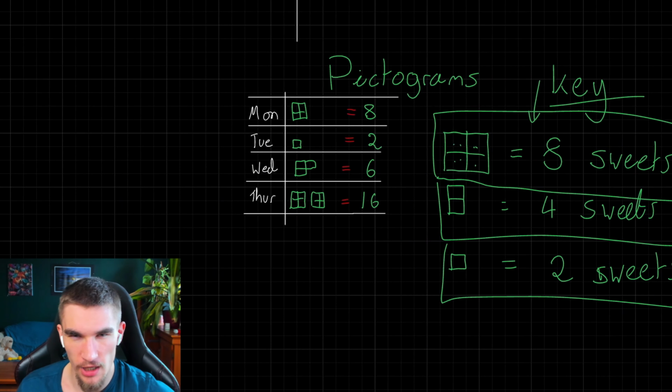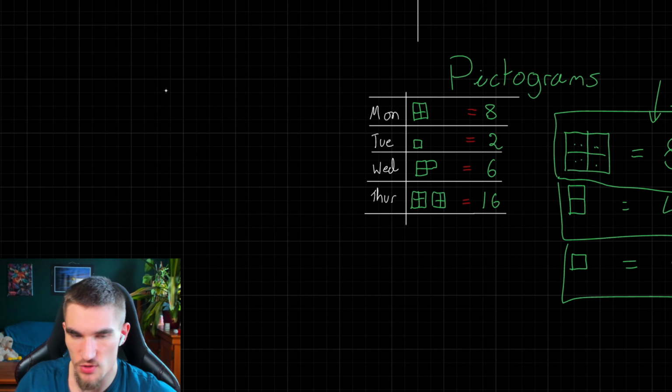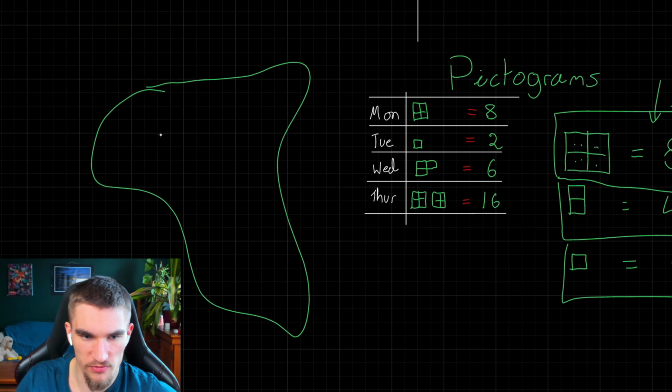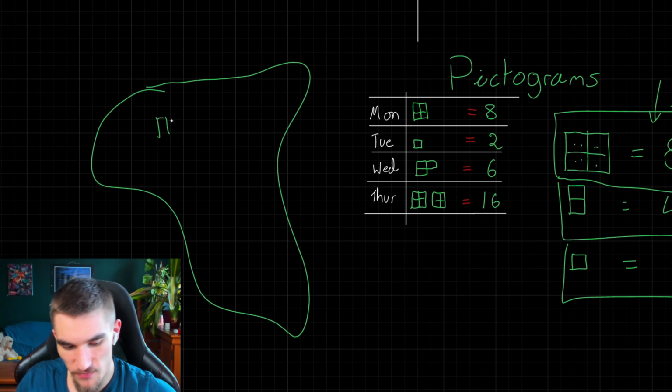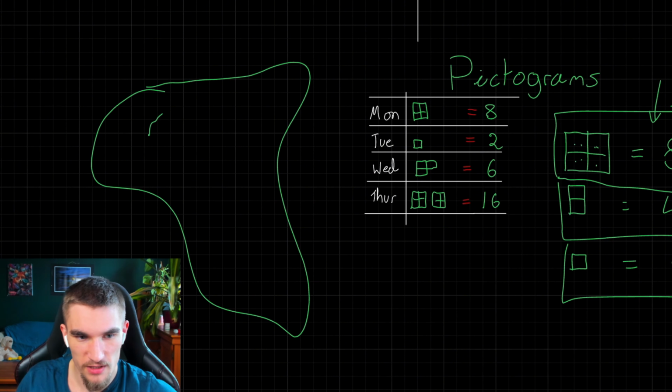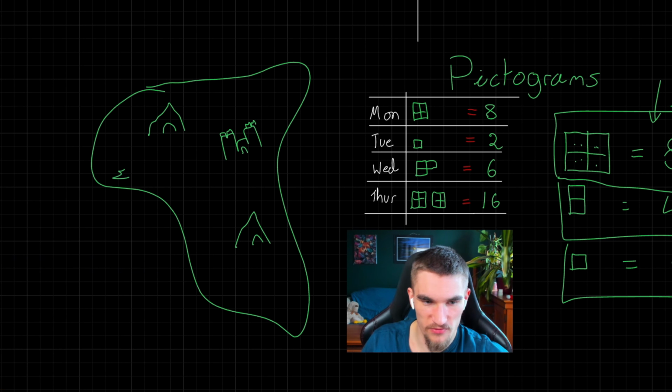If you ever played a game or looked at a map, you see these keys on a map. So maybe you have a map with caves that looks something like that, right? And then you have towns, which look something like this, or castles. And then maybe you have forests that just have trees on them.